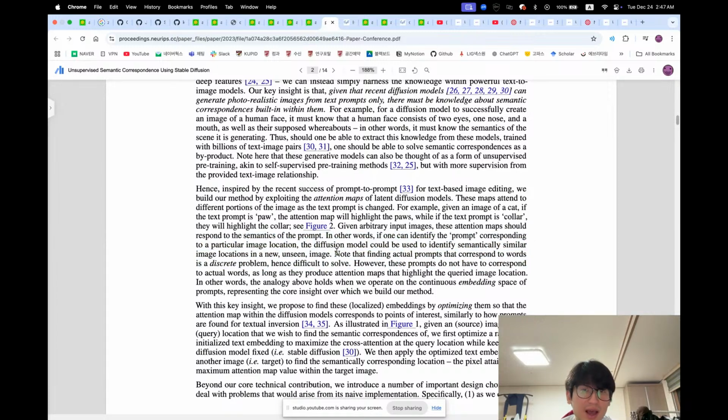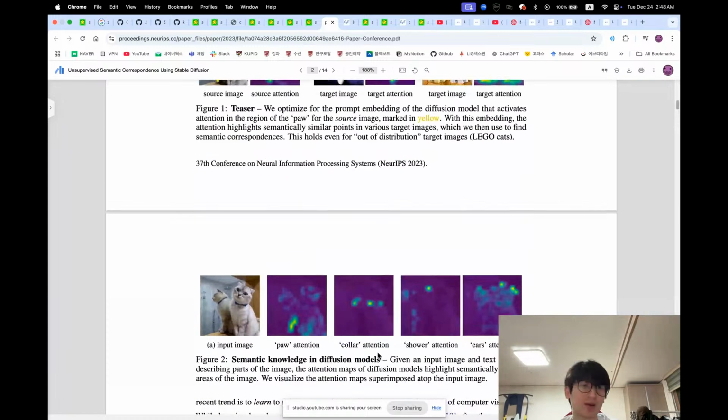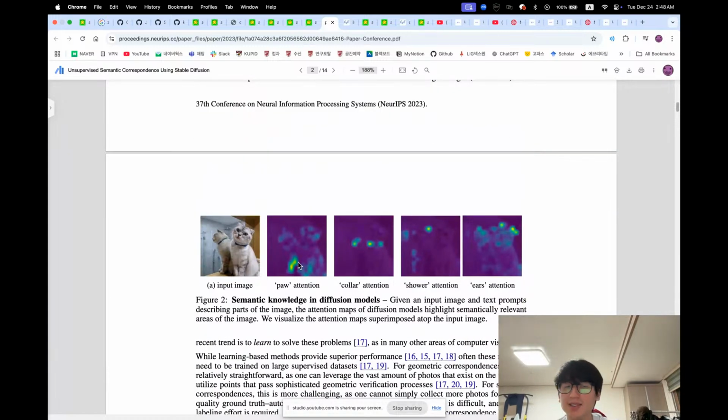Note that finding the actual prompt that corresponds to the word is a discrete problem that is difficult to solve. However, these prompts do not have to correspond to actual words as long as the attention map highlights the correct image locations. So, this is what they're saying. If I say paw and its attention region is really high in this place, I can give it another, completely different word.